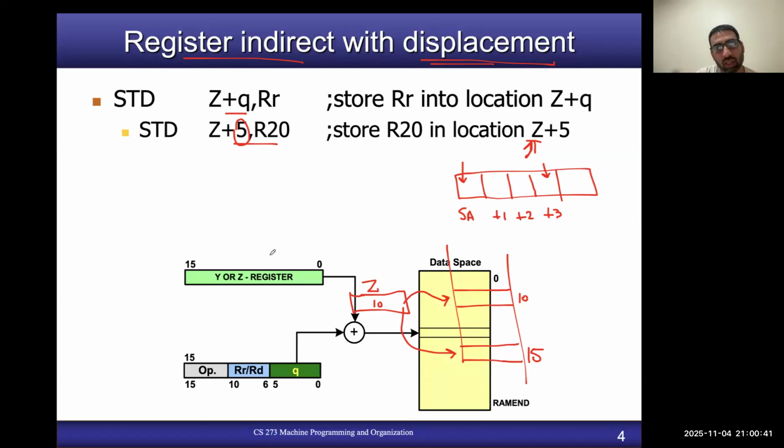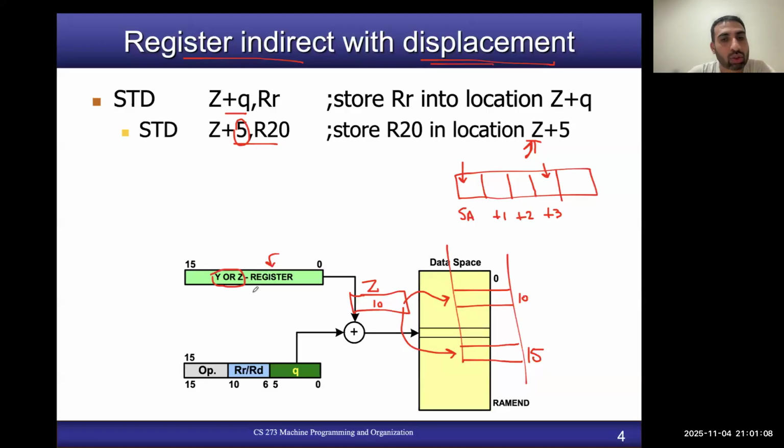So first, definitely you load the address in the register, X, Y, or Z, and then I'm not sure whether we can use X or not. Let me not state something I'm not sure about. I can check it later. But for now, let's stick to the statement that we can use only the Y or Z register.